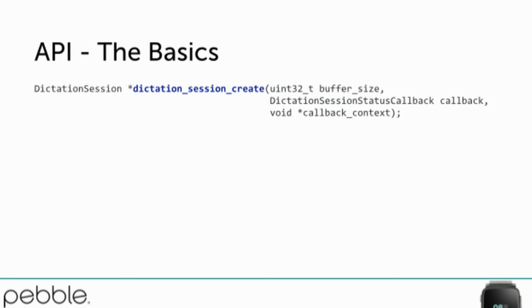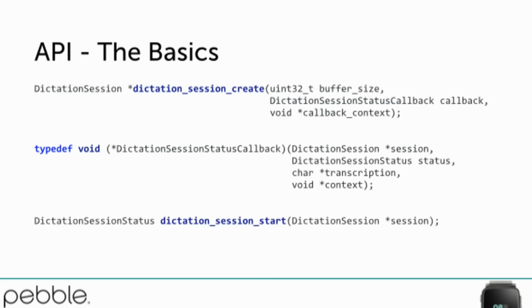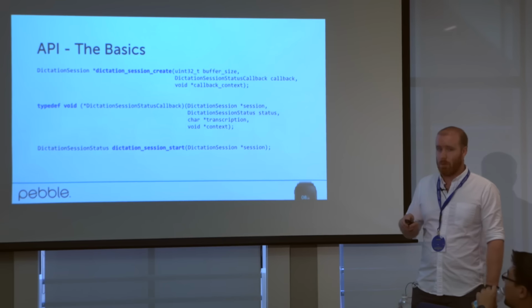There's a callback you need to provide that gets the status of the transaction and also your transcription, and you can provide context as well. I'll go over the callback a little bit later, and start. Those are basically the only three things you need to define to use the API.